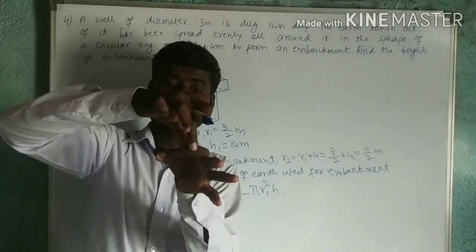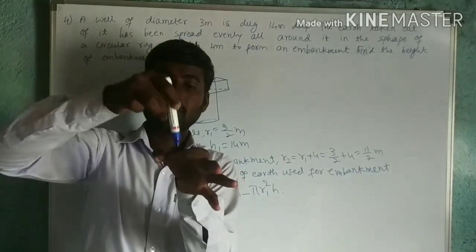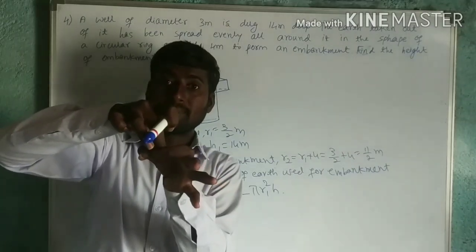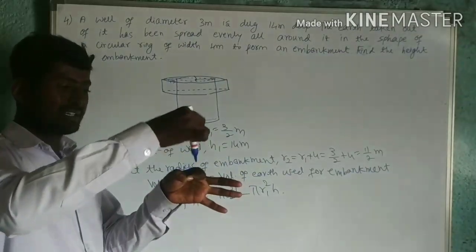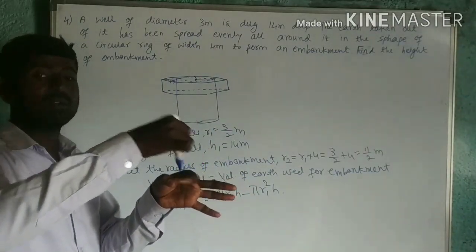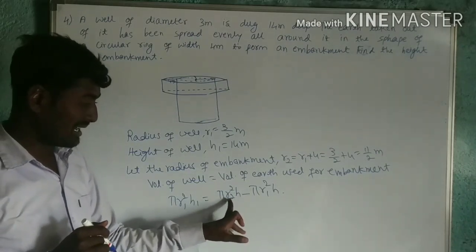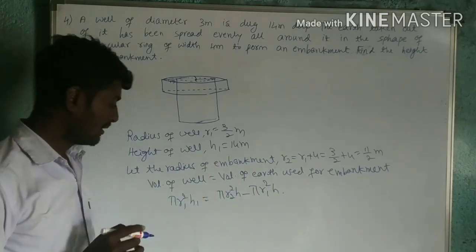The embankment is outside of the well, and inside there is a gap. But I am taking radius from the center of the well, so inside some gap is there, with no soil at all. So from the center to outside minus from the center to inside: pi r1 square h1 equals pi r2 square h minus pi r1 square h.